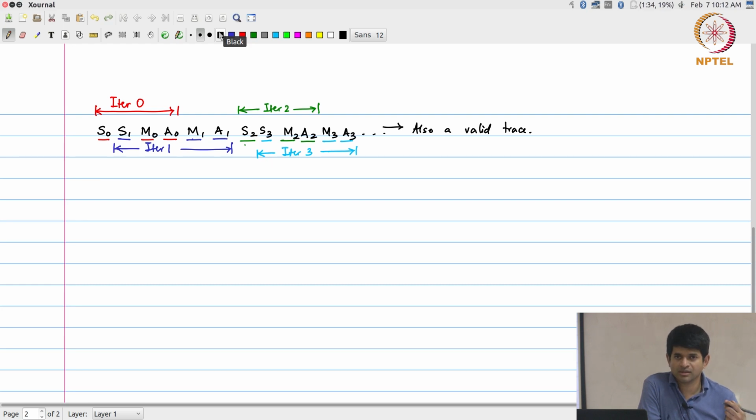So, the first round of executions will all be associated with the 0th iteration, the second round of executions will be associated with the first iteration and so on. Okay. So, it does not seem possible for iteration 1 to finish before iteration 0, but it can start before iteration 0 has finished, that much is clear.